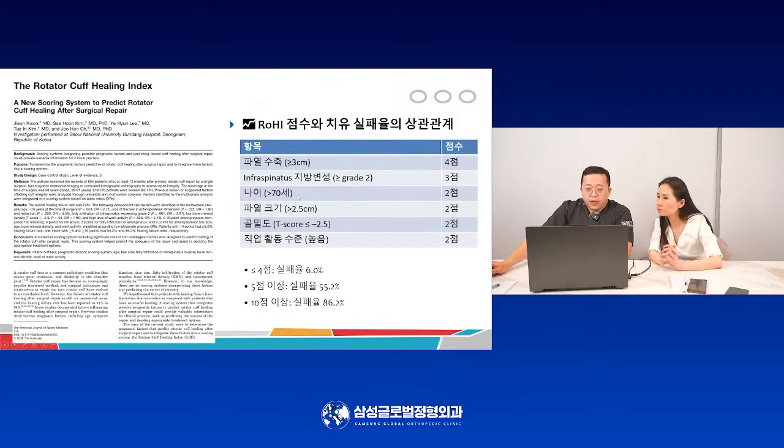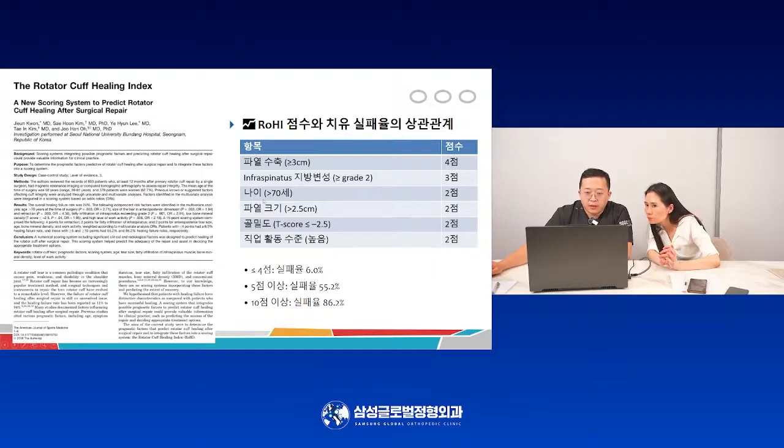As we see, there are a lot of factors that affect the repair of the rotator cuff tendon after surgery.